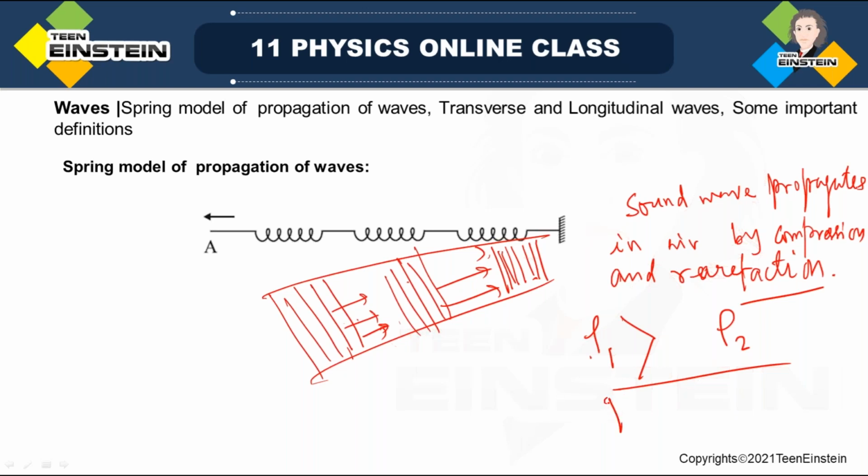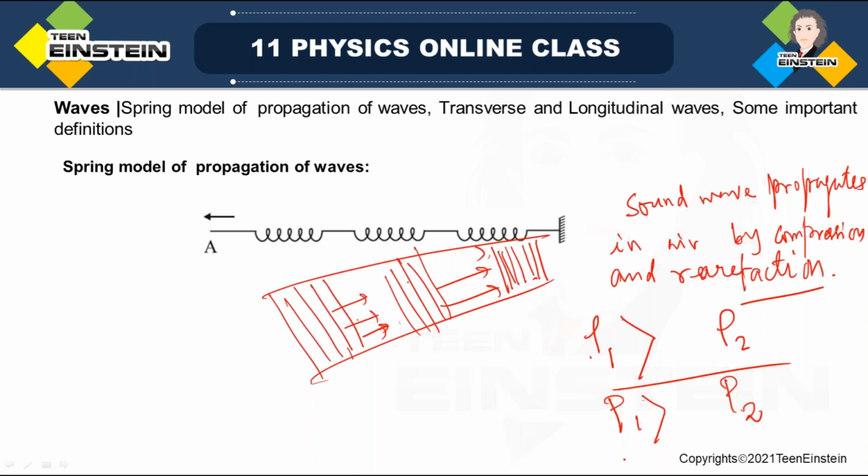and hence by Boyle's law the pressure will be more over here in the denser region than in the rarefied region. Okay, so this is how the pressure changes point to point, not only in a particular region.